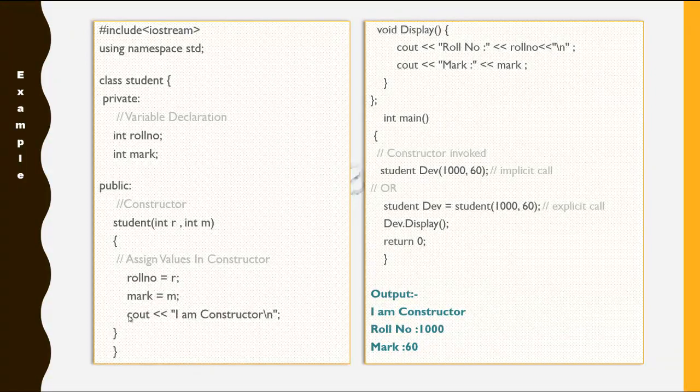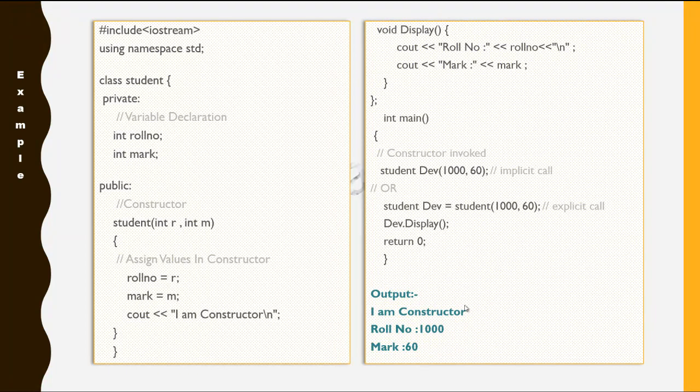The roll number and mark are the data members of this class. Then the next statement is Dave.display. It displays the values of roll number and mark associated with Dave object.